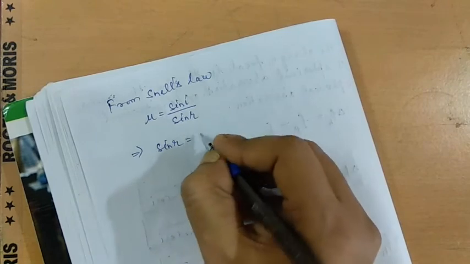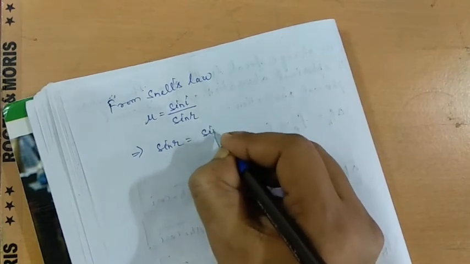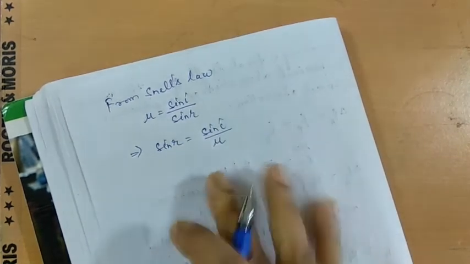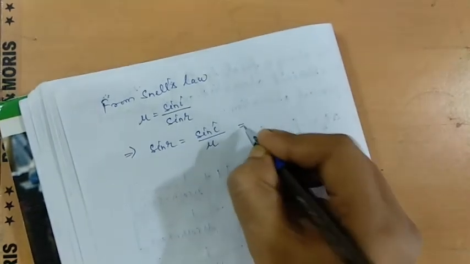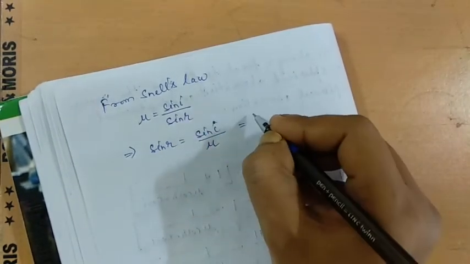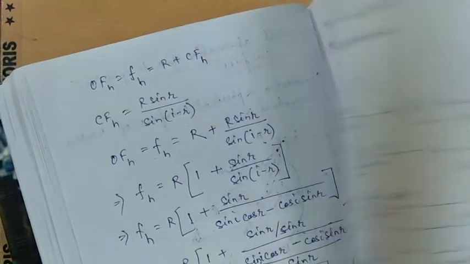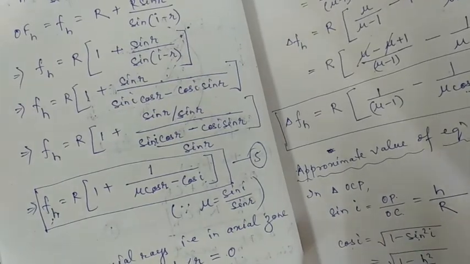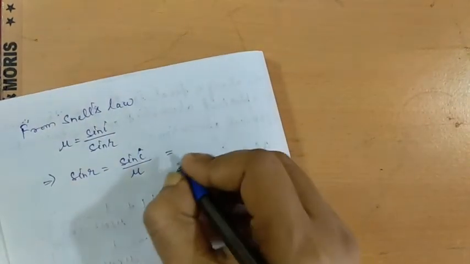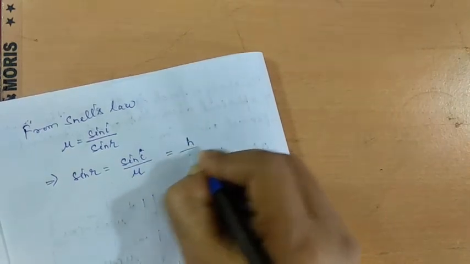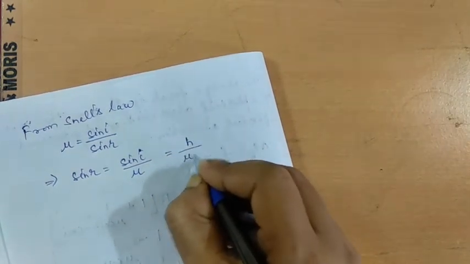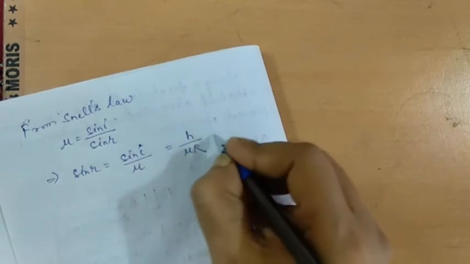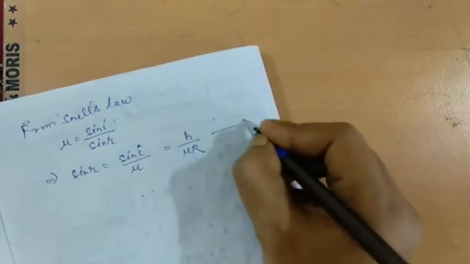So sin R is equal to sin I by mu. And this sin I value you know, that is we have calculated just now, sin I is equal to h by r. Just substitute this value. So h by mu r. So your sin r value is h by mu r.